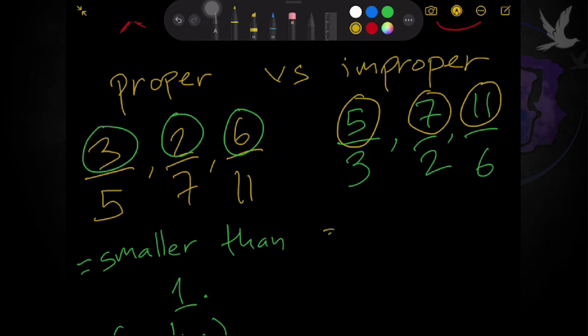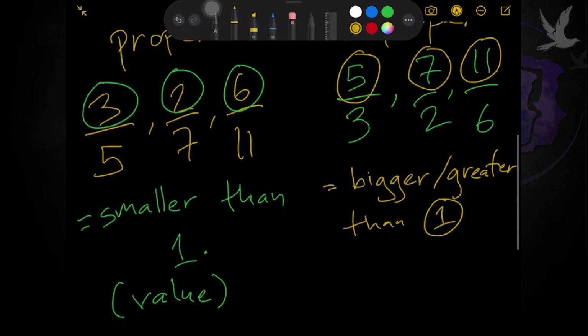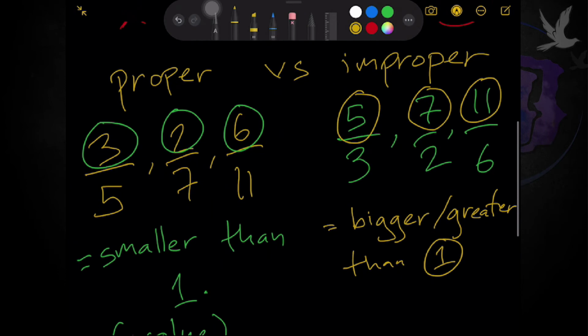So in this case, improper fractions are technically bigger or greater than 1. Because if you're going to express these improper fractions as mixed numbers, they will have whole numbers. Technically, if you combine a fraction and a whole number, they are basically bigger than the value of 1. Okay, kasi nga may fraction siya. Okay, so that's how you differentiate proper and improper fractions.